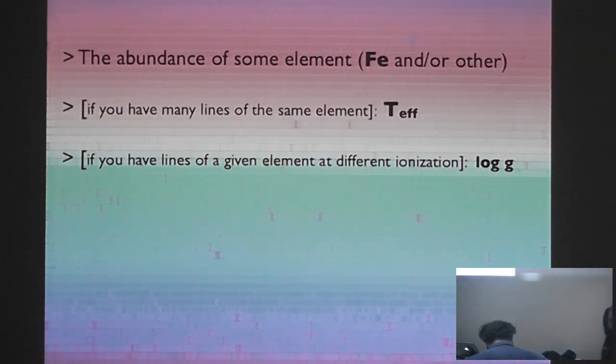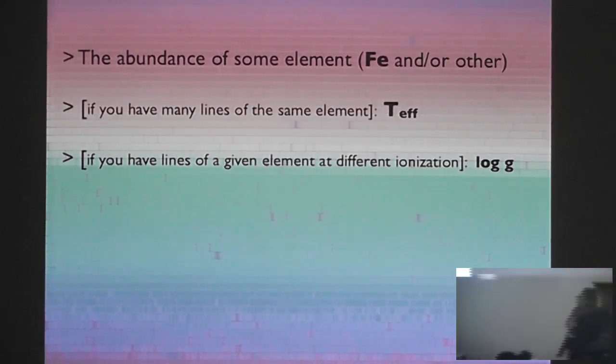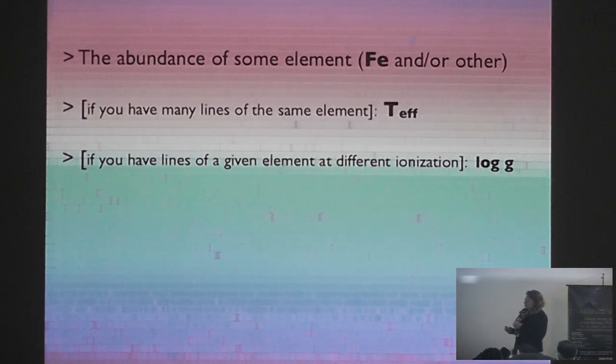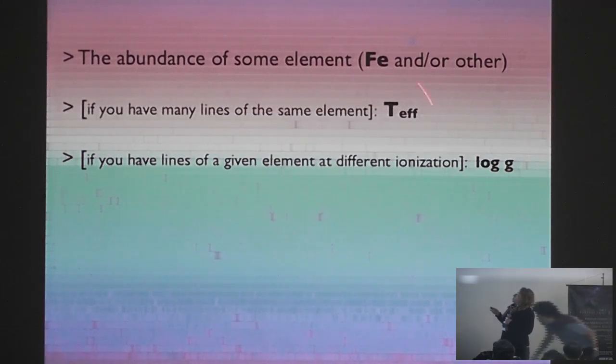So yesterday, as you might remember, we saw that from high-resolution spectra, like this one in the background for the sun, you could measure the abundance of some element, in principle any element for which you have lines in your spectra. If you have different lines of the same element, which of course correspond to different transitions in the electron levels, then you could also measure the effective temperature.